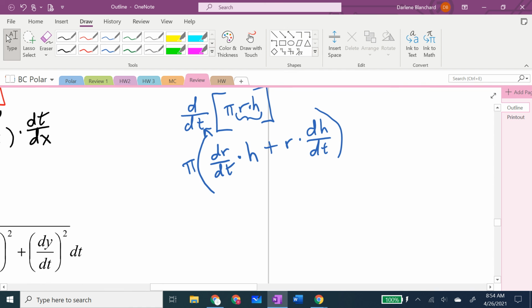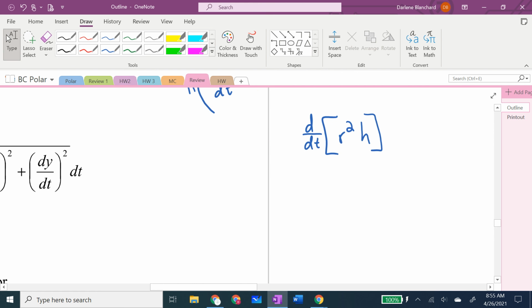But we could also have issues where you're asked to take the derivative of, let's say, r squared times h. Still need to do a product rule. But if what you are dealing with is more than just the variable itself, if that variable is inside another function, then you really need to think chain rule.